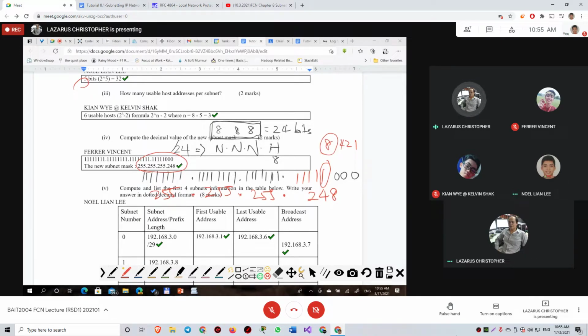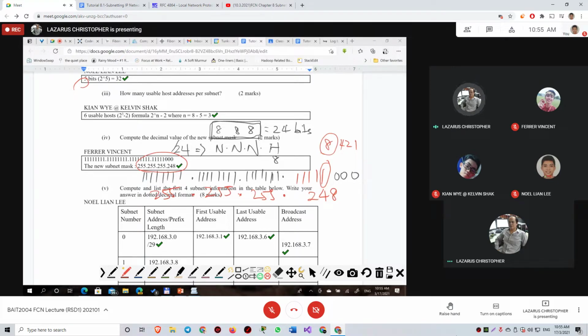When you're creating the subnet addresses, you increment by the magic number to get the next subnet. To get the next subnet, increment by the magic number again, and so on until you get the number of subnets. And here the number of subnets is 32.